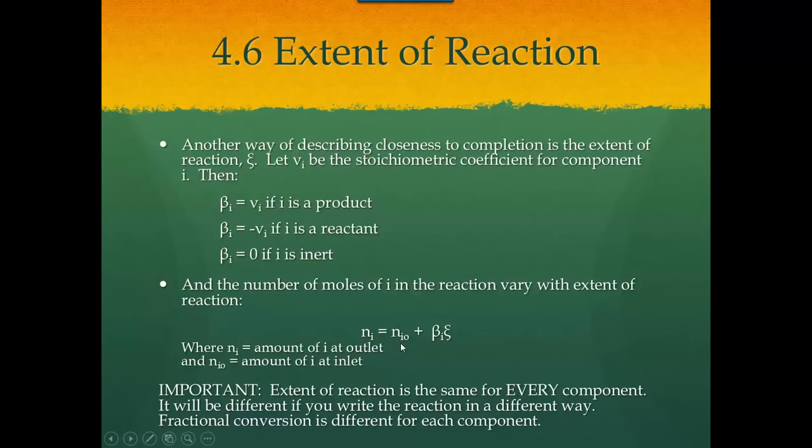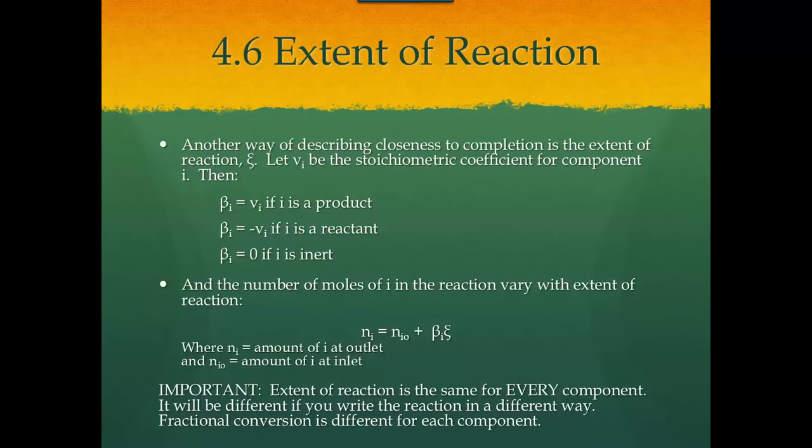The number of moles that come in plus the amount that react, the stoichiometric coefficient with a sign times the extent of reaction, the squiggle, will tell me how many moles I'm going to have coming out of my reactor. One of the things that's very nice about this is that extent of reaction is going to be the same for every component. It just depends on the way I write the reaction.